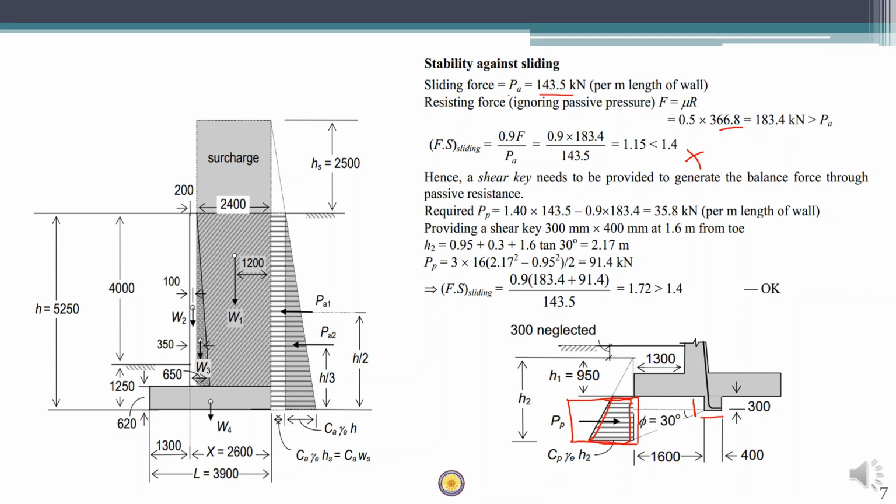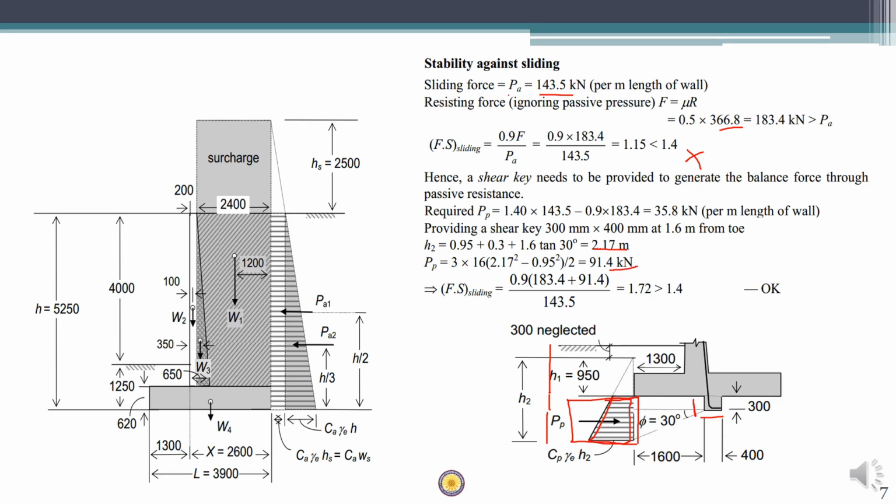So H2 is the foundation depth 1.25 minus 300 plus the shear key depth 300 plus 1.6 tan 30. So we got H2 as 2.17 and H1 as 1250 minus 300, which is 950. The area of the trapezium is the area of the big triangle minus the area of the small triangle. So we get a PP value of 91.4.